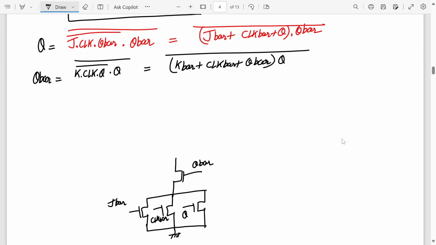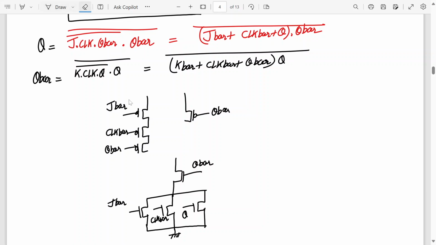Three PMOS transistors will be in series, right? And that will be in parallel with another PMOS transistor with input Q bar. So draw three PMOS transistors in series with the inputs J bar, clock bar, Q bar, and that is in parallel with input Q bar.